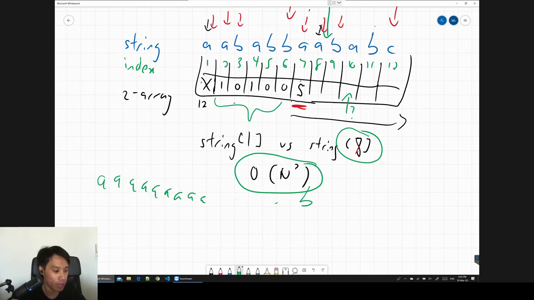You're trying to reuse the pre-computed Z array values, the previous Z array values, to calculate the current Z array values. Okay, so view your Z array as a form of memoization, right? It's just dynamic programming.